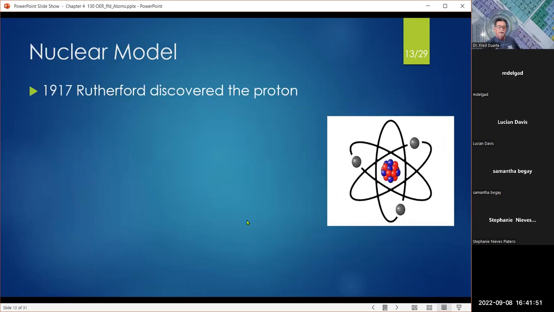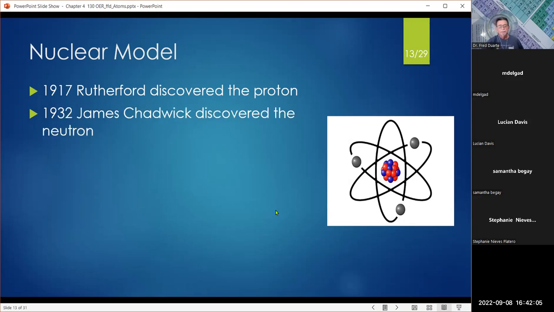Okay, so 1917, Rutherford, he's credited with discovering the proton, when I say proton slash nucleus, okay? J.J. Thompson is credited with the electron. And it was not until 1932 that another British scientist, Chadwick, is credited for actually discovering the neutron, okay?